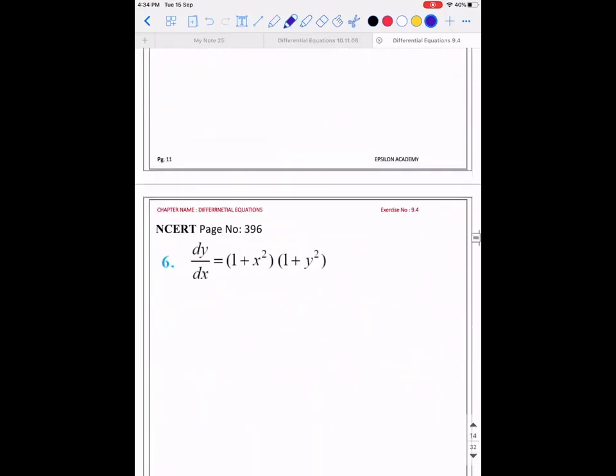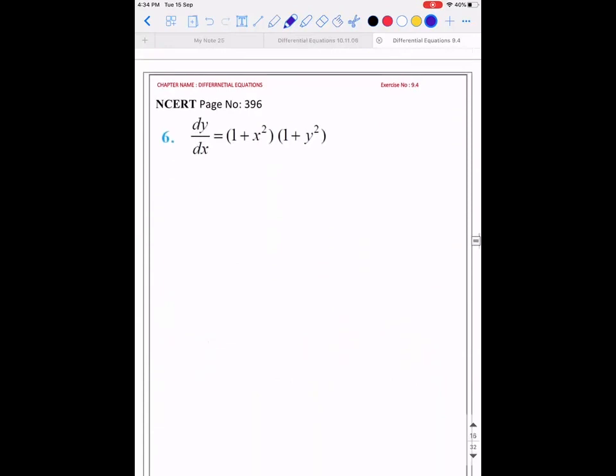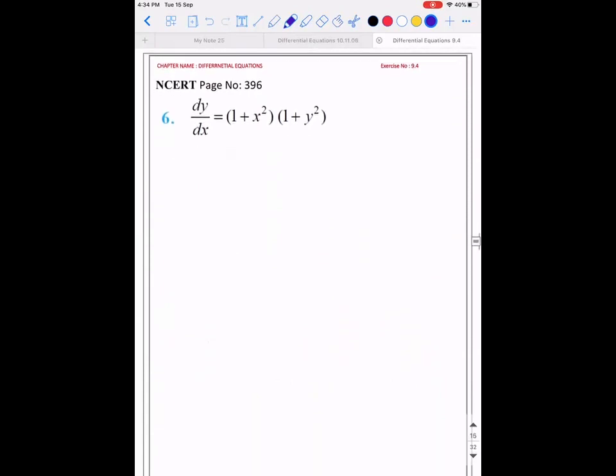So moving on to the next question. You people do this, tell me how to do. dy by 1 plus y square is equal to 1 plus x square times dx. Solve this, tell me what is the answer.